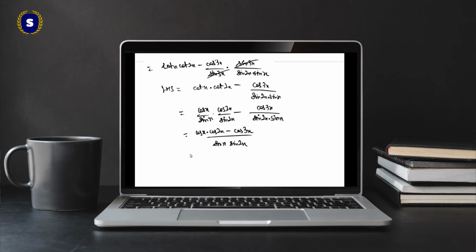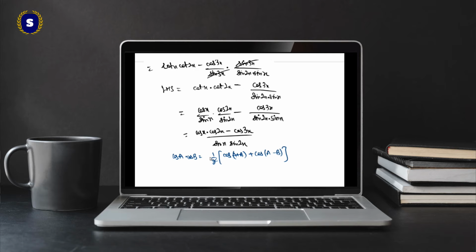Let's use the identity here for cos x into cos 2x. Let me rewrite the identity first. Cos a into cos b is equal to half of cos a plus b plus cos a minus b.